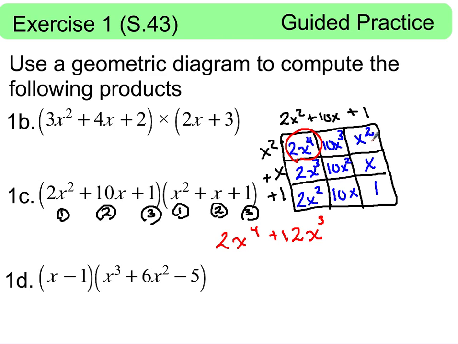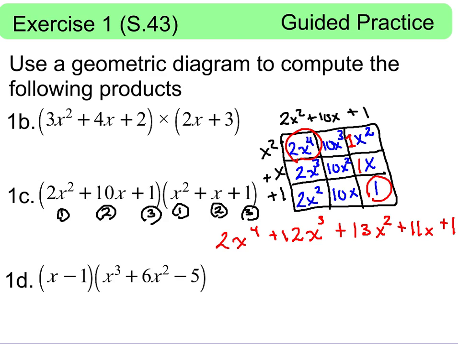The x squared plus the 10x squared plus the 2x squared, so 2 plus 10 plus a 1 is going to give us a 13x squared. 10x plus 1x is 11x, and we'll keep this last box as part of our answer.